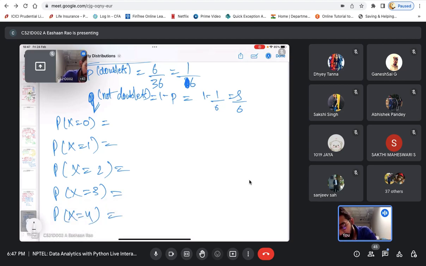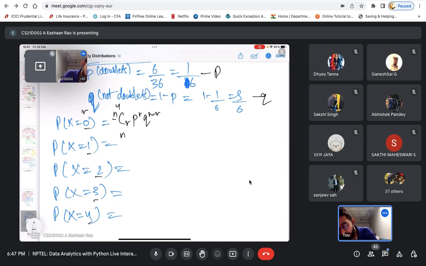So I just need to write the formula nCr p^r q^(n-r). The r values are 0, 1, 2, 3 and 4, the p value is 1 by 6, the q value is 5 by 6, and n is 4.